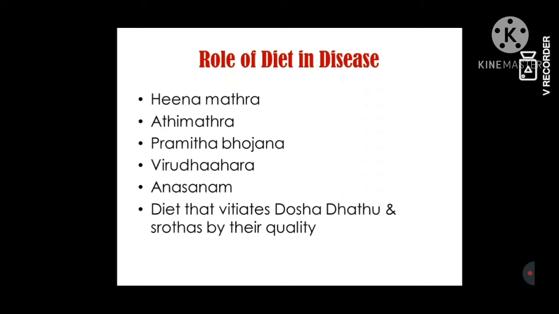These are all the various types of Apathyas we are consuming in our daily practice. These will create disturbance at the level of dosha, dhatu, srotas, and that will disturb the saptadravyas, and that will disturb the structural and functional aspects of skin, and that is the main cause behind skin diseases.